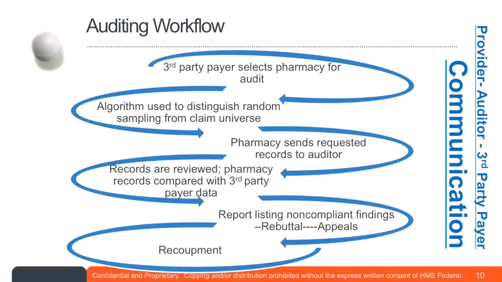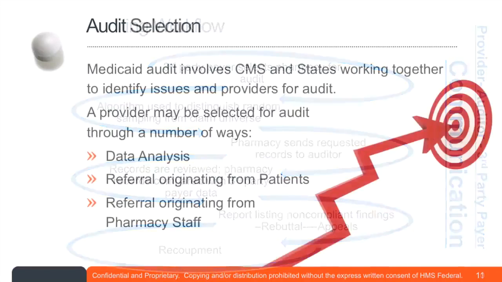And then if the findings that the auditor has stand, then the pharmacy is able to go through a formal appeals procedure, and that's something that is handled on a court level. So there's an appeals process, and then the process of recoupment. Recoupment is where the pharmacy begins to make payment on what was overpaid in the audit findings.